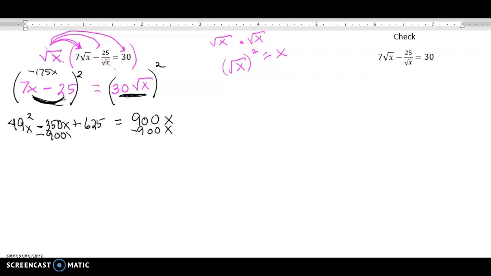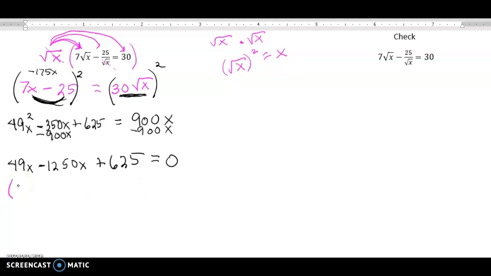So minus 900x, and I will have 49x squared minus 1250x plus 625 equals 0. I'll look for a GCF, but there is not one. So we will go open parentheses, close, open parentheses, close, equals 0.